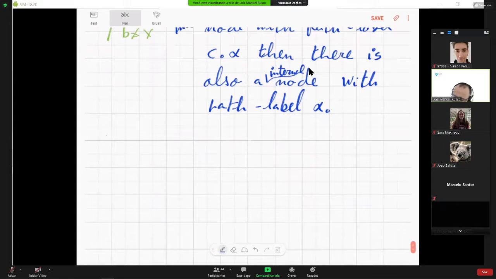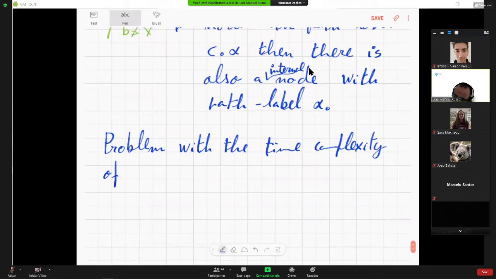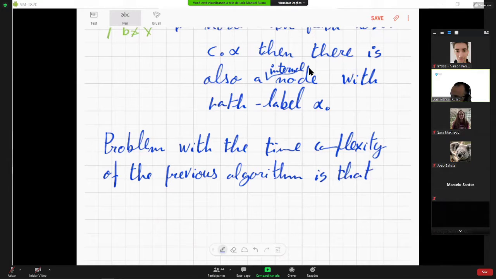So the problem with the time complexity of the previous algorithm is that it is rereading alpha in the ST of S1.